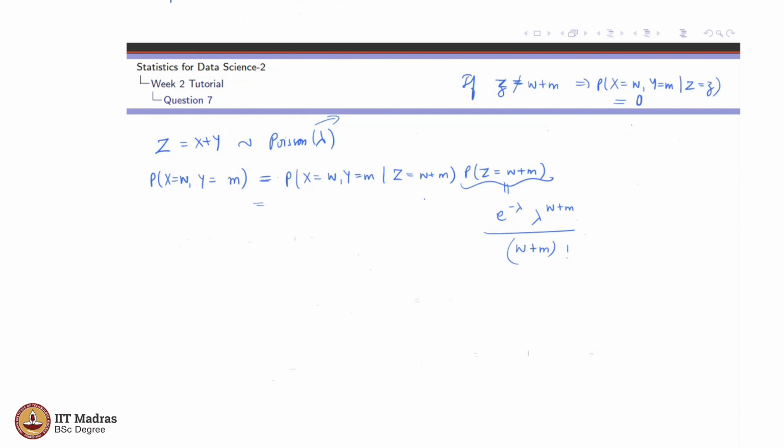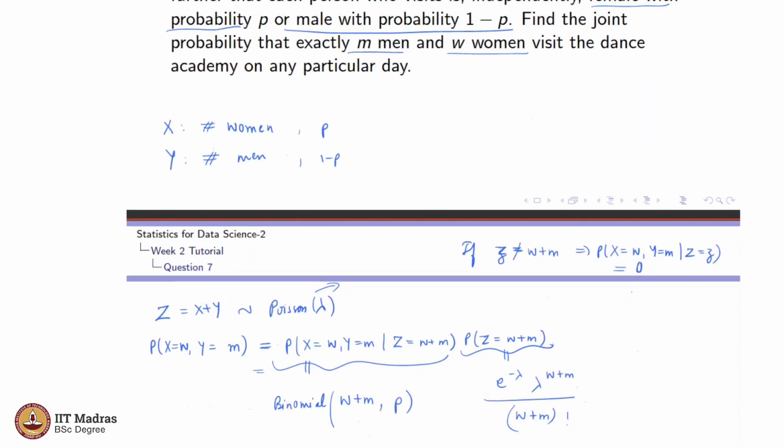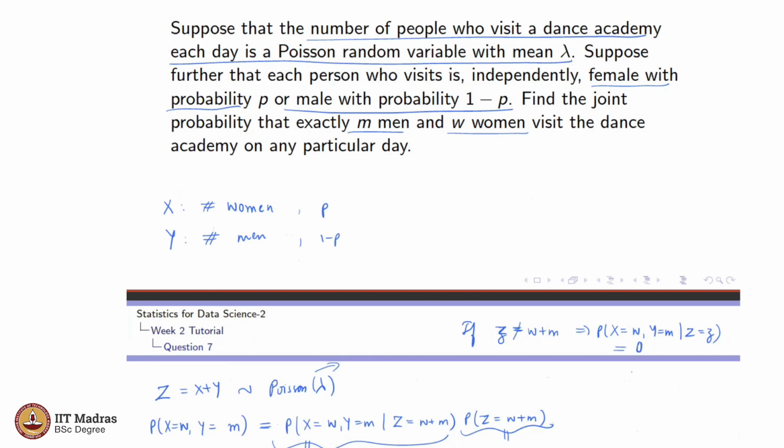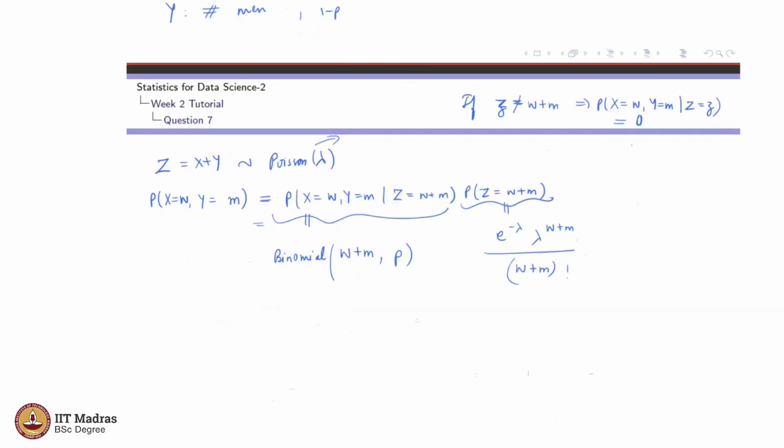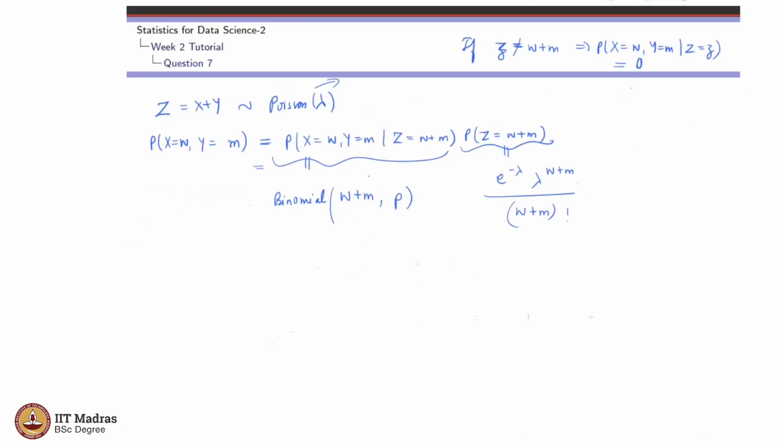If I consider a woman visiting the dance academy as a success, then this term models the binomial random variable with parameter n equals w plus m and probability p, because it is given that the probability that a person who visits the dance academy is female is p. So I can take the parameters as w plus m comma p.